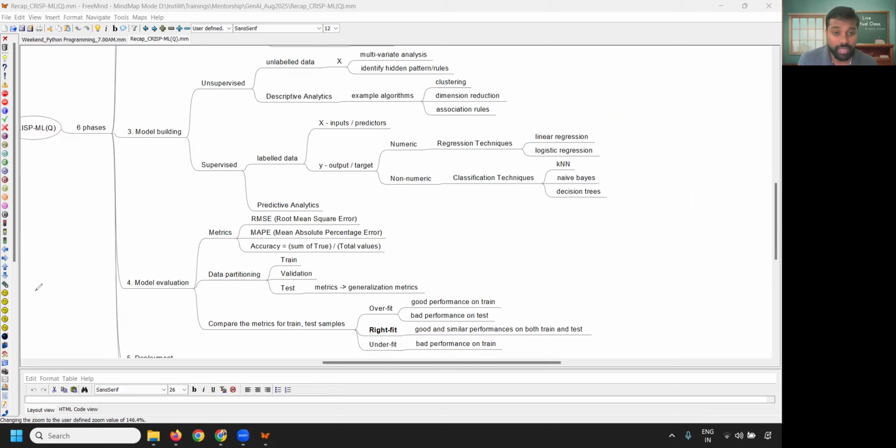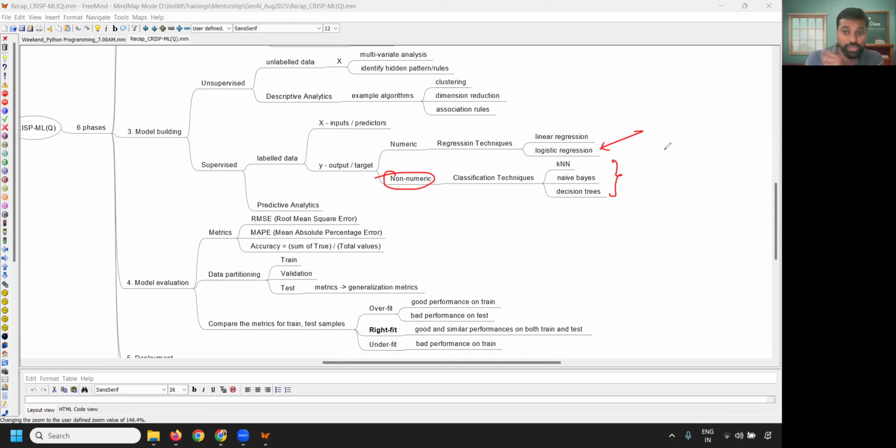Okay. Now, we talked about models which are specifically used for predicting non-numeric outcome. KNN distance based, naive Bayes probability based, decision tree rules based. Okay. And we also have logistic regression, which is also used for classification purpose.